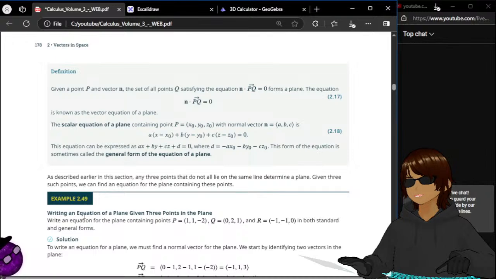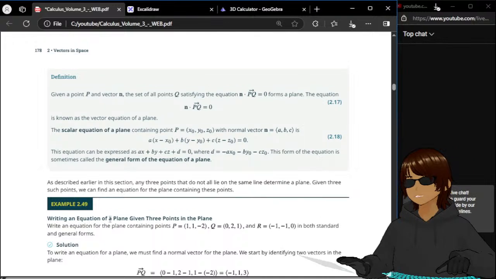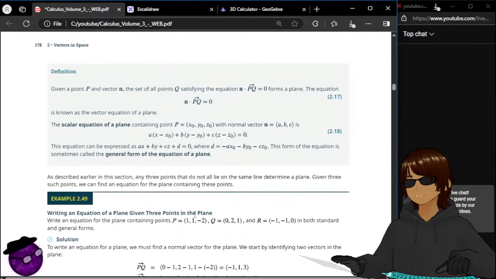So writing an equation of a plane given 3 points in the plane. Write the equation of a plane containing points P, Q, and R in both standard and general forms. Okay, so write an equation for the plane containing points P, Q, and R. We don't have a normal vector.